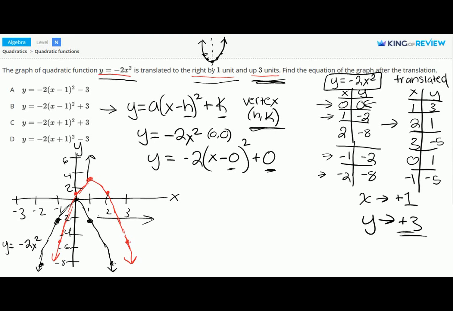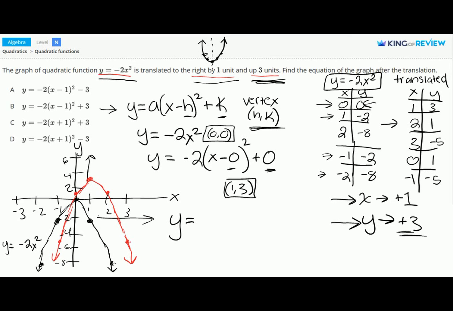Now, what happened when we translated? Well, we added a 1 to our x-coordinate, and we added a 3 to the y-coordinate. So our vertex went from 0, 0, and our new vertex is 1, 3. So let's go ahead and apply this to our parent function.